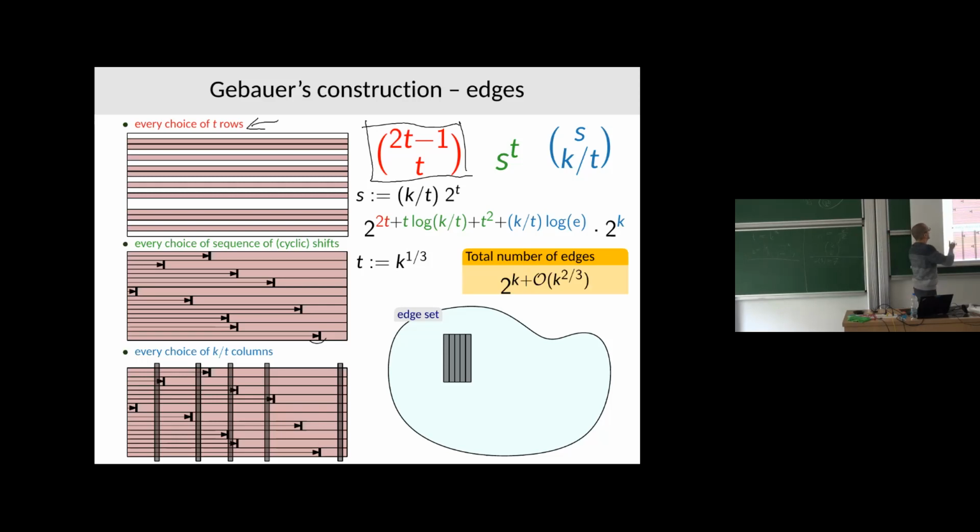We can use, instead of every choice of 2 rows, some recursive construction, or we can use this construction of Moser and Abbott. We can even use Gebauer's construction recursively to get something better. And the outcome would not be much better, because you can fight for crossing this 2 from here.